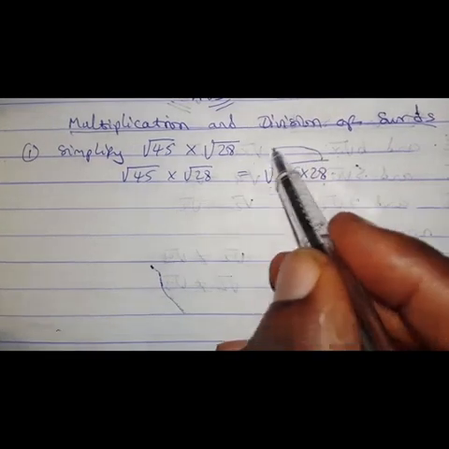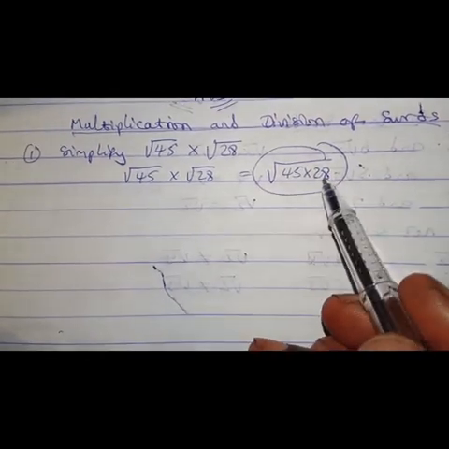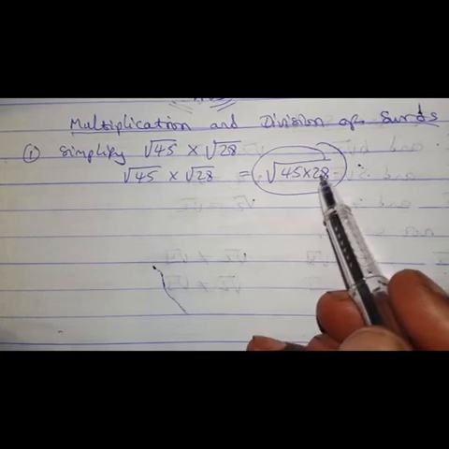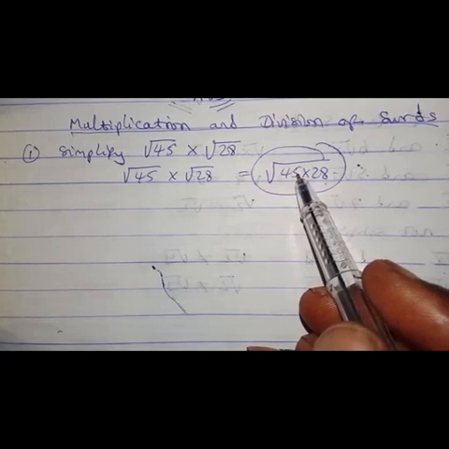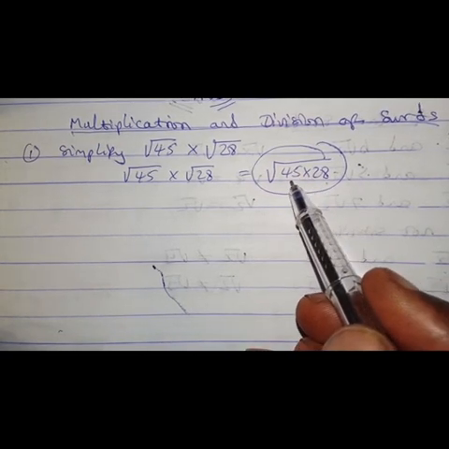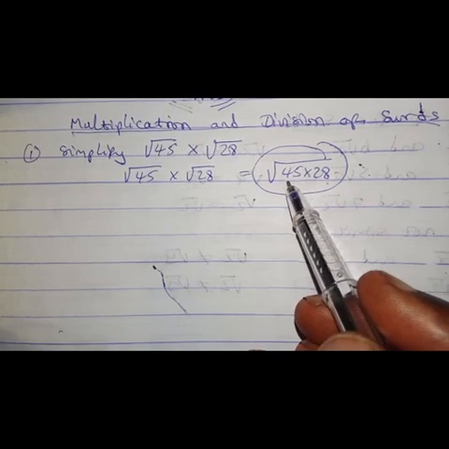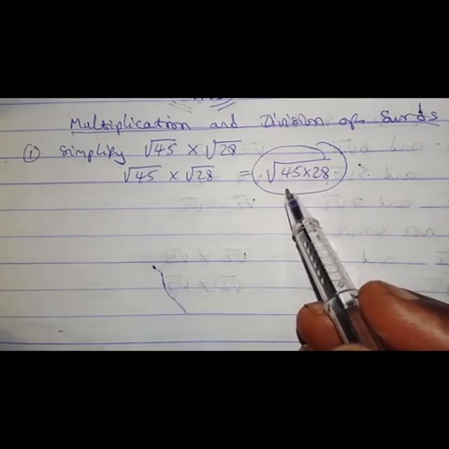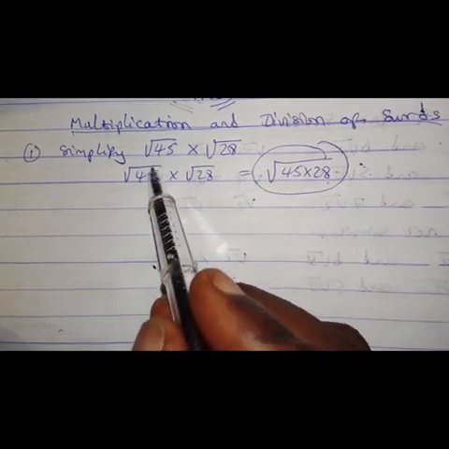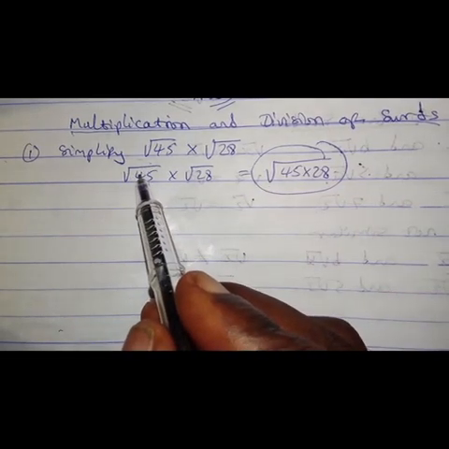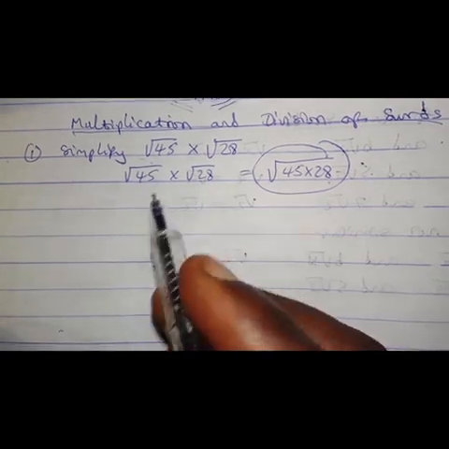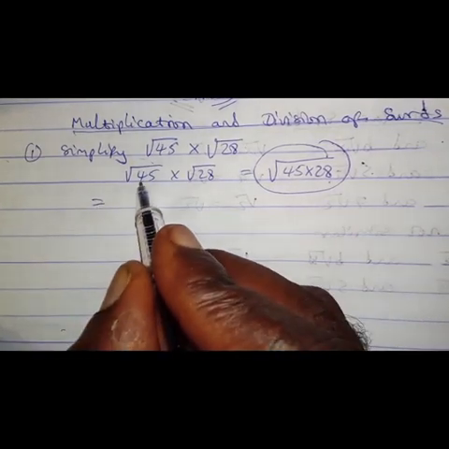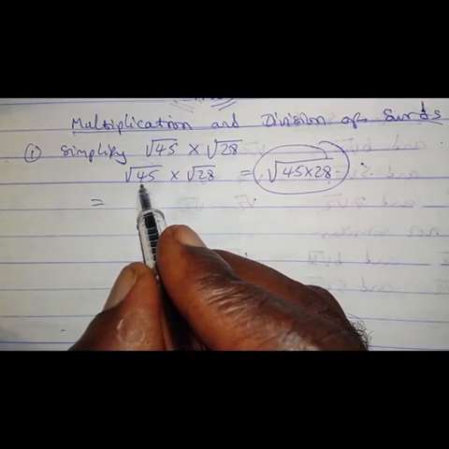But I don't advise you to do this, because when you do this the value is going to be very large, and it will be very difficult for you to extract the perfect square so that you can reduce it to its simplest form. So it is advisable to reduce them individually to their simplest form before you multiply. So that means we are going to look for a perfect square that can divide root 45.